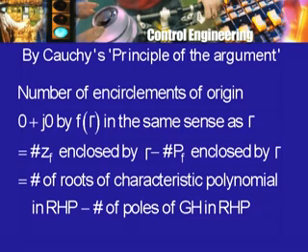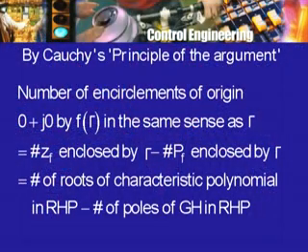In other words, if the image contour is traversed in the opposite sense, we prefix a minus sign. If it is traversed in the same sense as gamma, we do not prefix a minus sign, that is, we take it as plus. In the same sense as gamma, this number by Cauchy's principle of the argument is the difference of these two numbers, the number of zeros of f enclosed by gamma minus the number of poles of f enclosed by gamma.